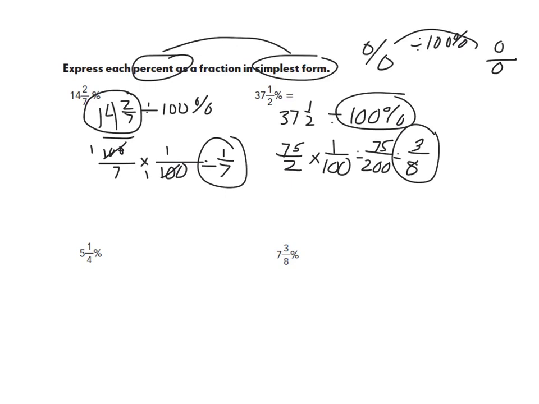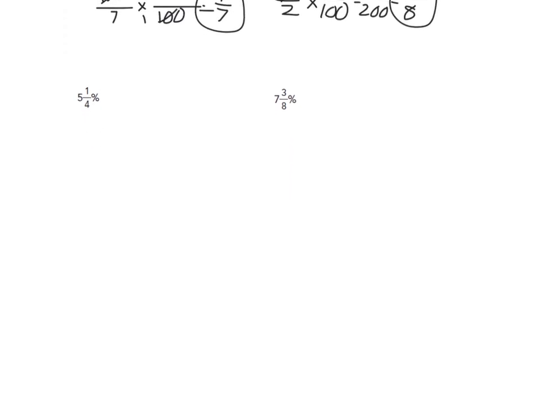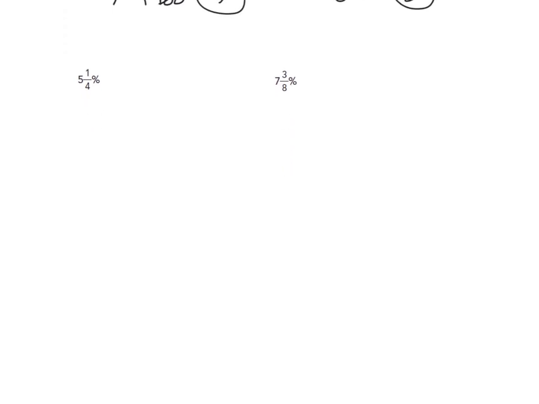Why don't you try these bottom two? Okay, let's look at these bottom two. I've got 5 1/4%. If I divide it by 100%, it'll give me my answer.